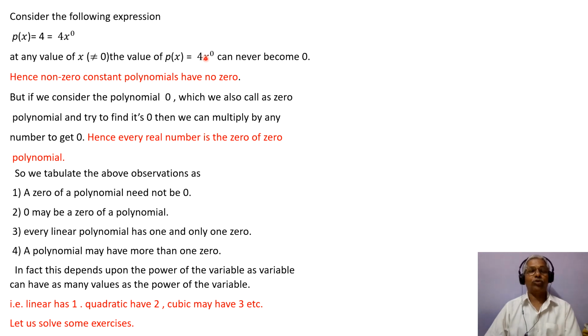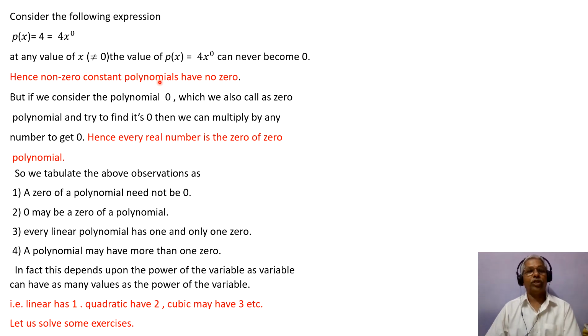Even for negative values, this will be 1. So the value of this will be 4 times 1, which is 4. As the value of this cannot become 0, this does not have any 0. What does this mean? We have seen this. Hence, a non-zero constant polynomial has no 0.